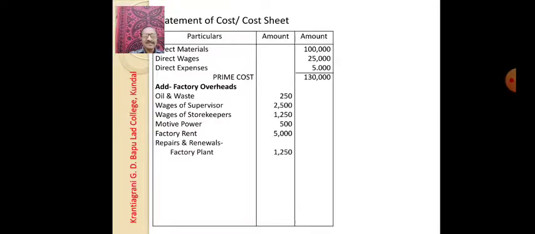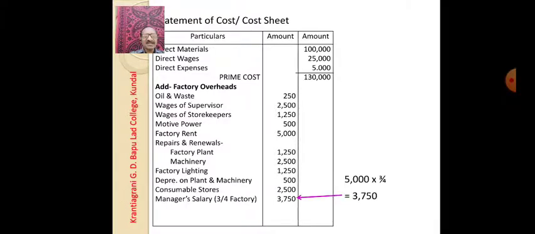Repairs and renewals of factory plant rupees 1,250. Machinery also under repairs and renewals, machinery amount rupees 2,500. Factory lighting amount rupees 1,250. Depreciation on plant and machinery amount rupees 500.